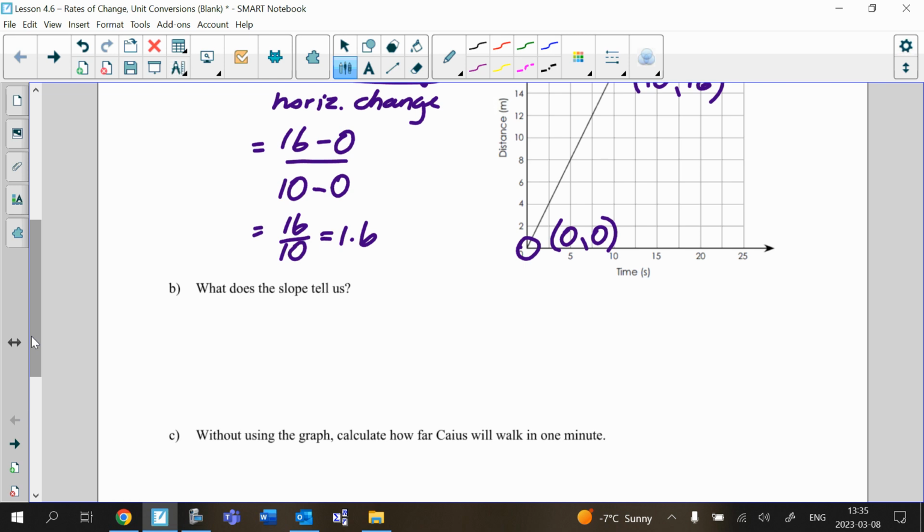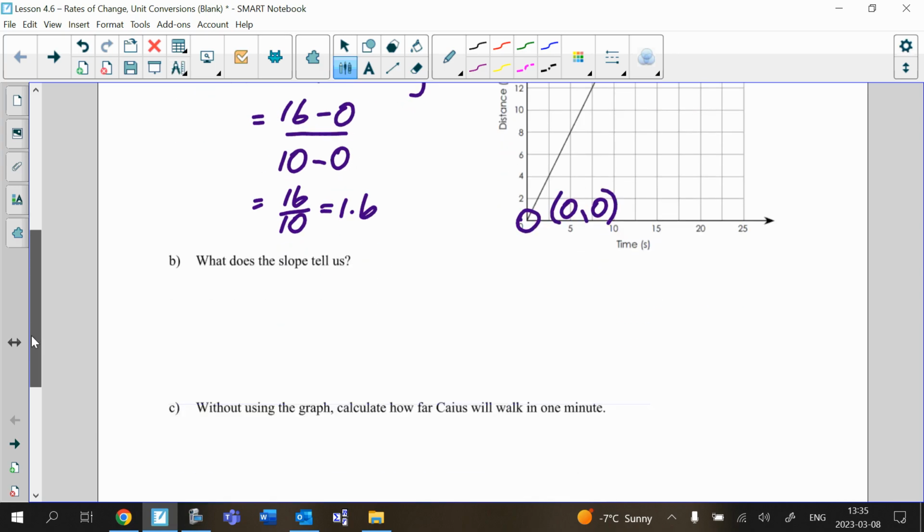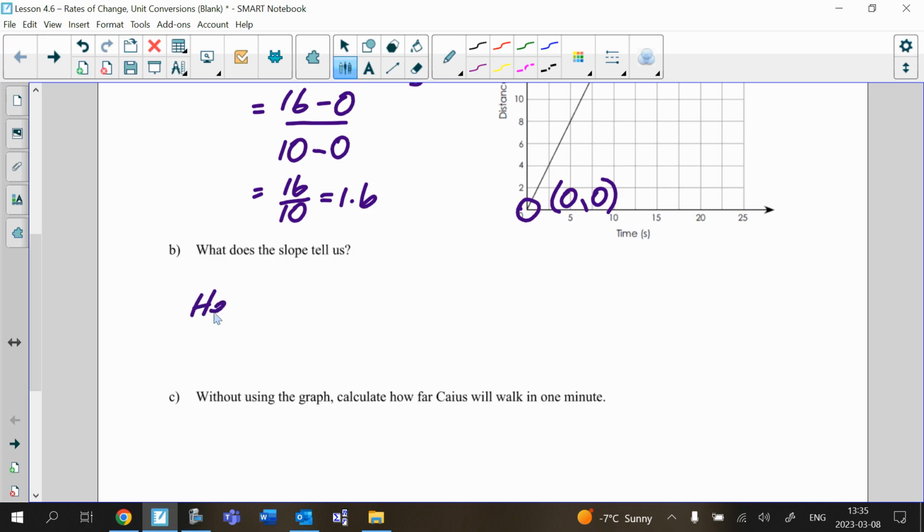He walks 1.6 meters in a second. You're both right, we'll just combine the two. He walks 1.6 meters per second.